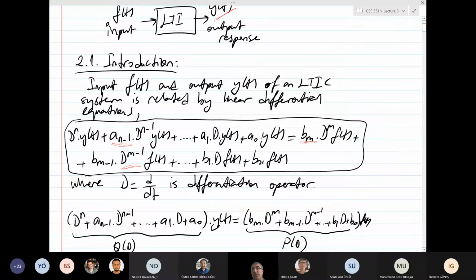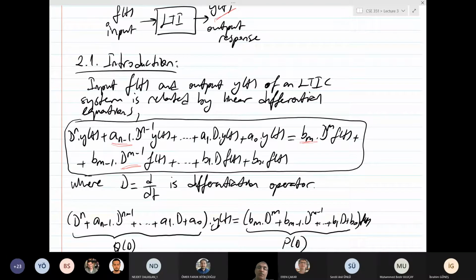These are generalized linear differential equations that show the characteristic of a system. In other words, it shows how the input f of t and the output y of t are related to each other. As you see, on the left hand side we have y of t, which is the output, and on the right hand side we have the input, which are the terms for f of t.